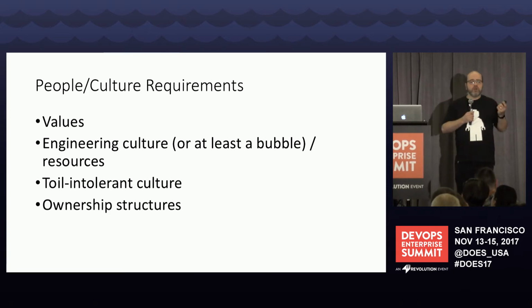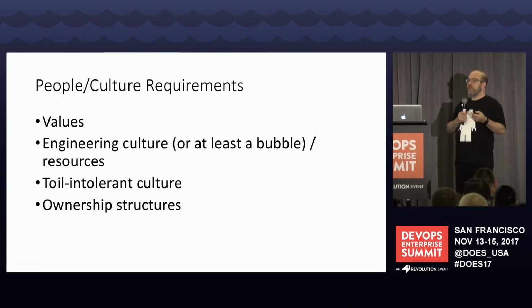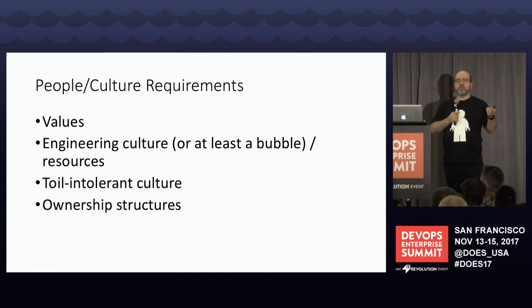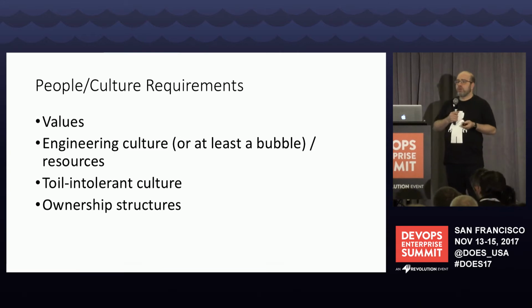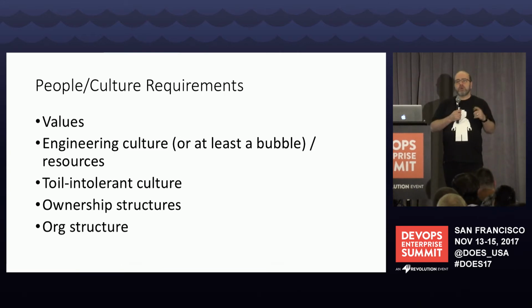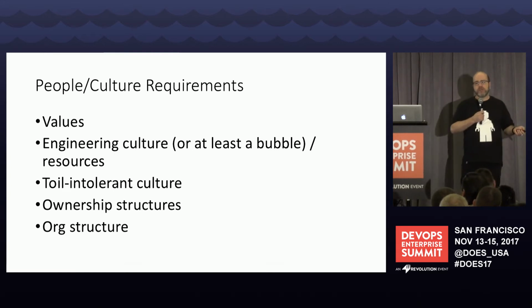I think there needs to be certain ownership structures, right? If you're not doing things that are around products and stuff like that, or at least not allowing it so that there is joint ownership around devs and ops, you can't really pull it off, at least in the experience of what I've seen. And similarly, I want to talk about org structure. So I remember talking with Pedro, who's the head of production engineering at Facebook.